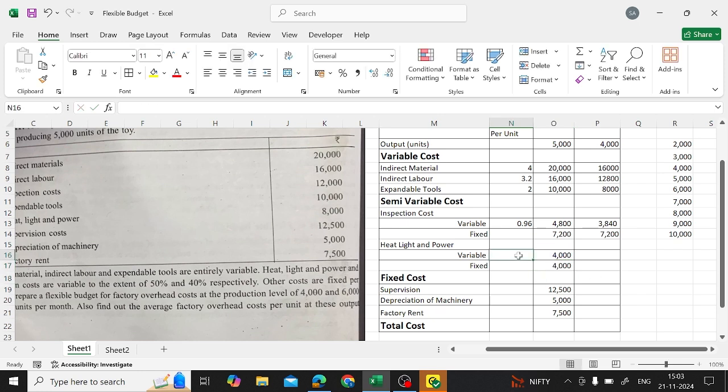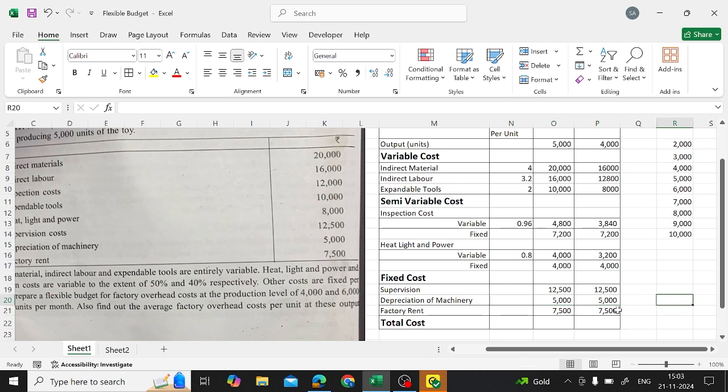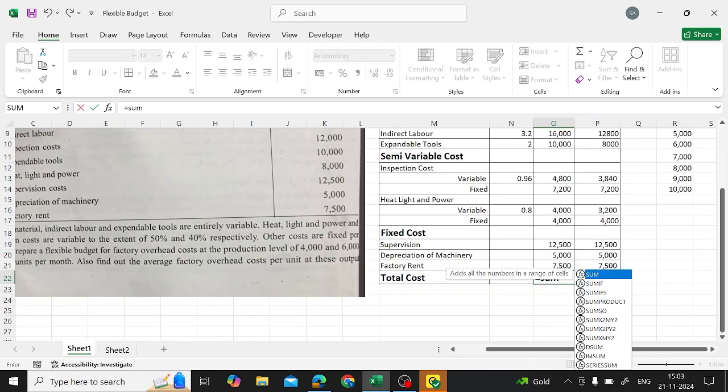Now again, for the variable component, I have to find out the per unit cost, and for 4,000, I have to multiply the per unit cost with the cell, and this will remain the same. Now the fixed cost will also remain the same, or I can drag this. Okay, and now for the total I will find out the sum.